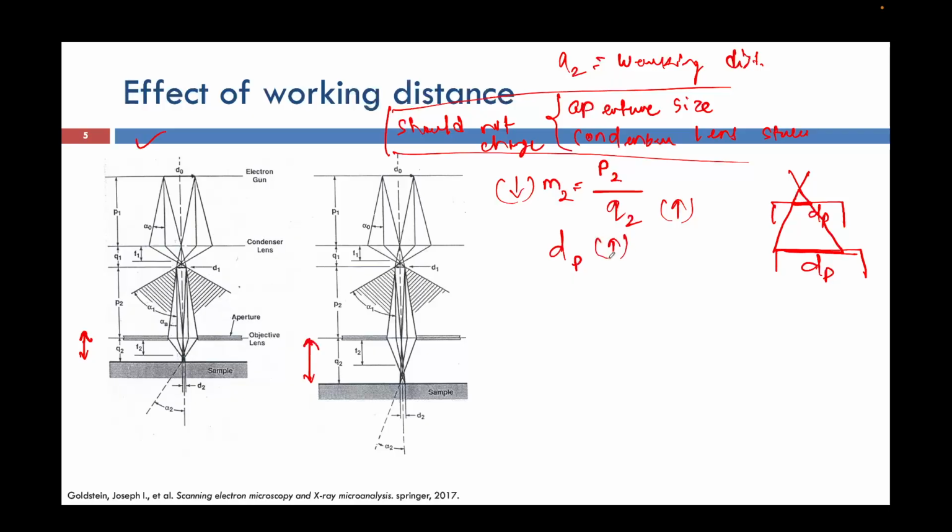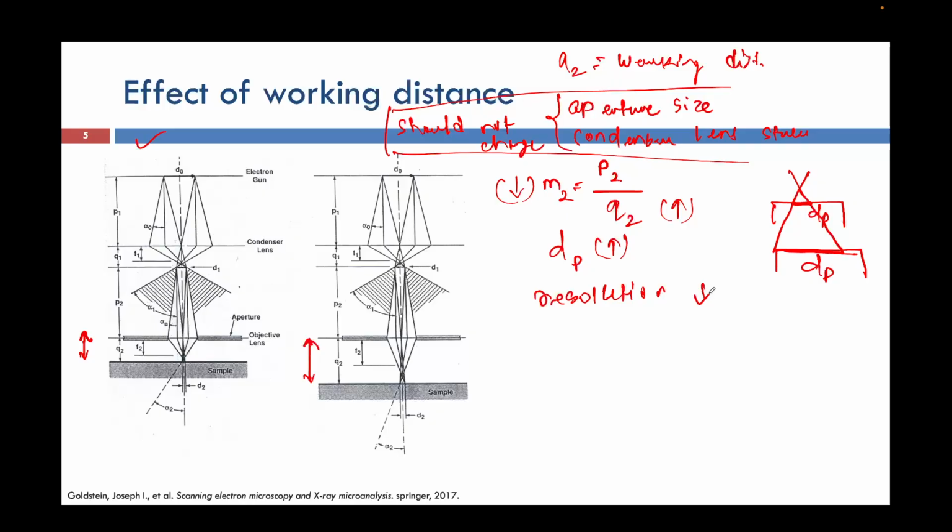That means I will get a larger spot size. If I am getting a larger spot size, that means my resolution will also decrease. Okay, dp will increase means my resolution will decrease.